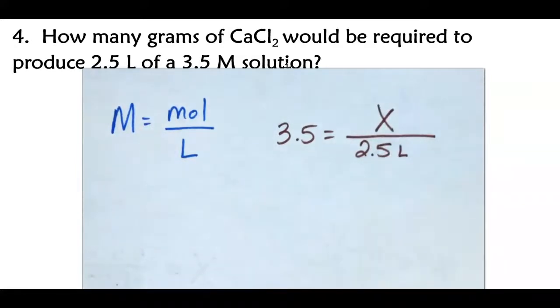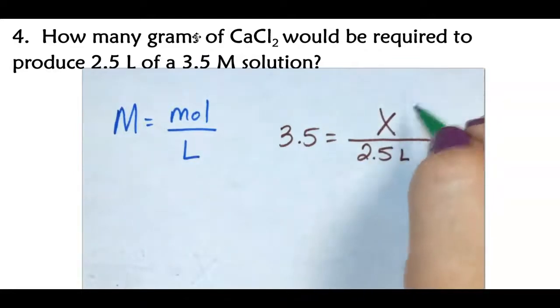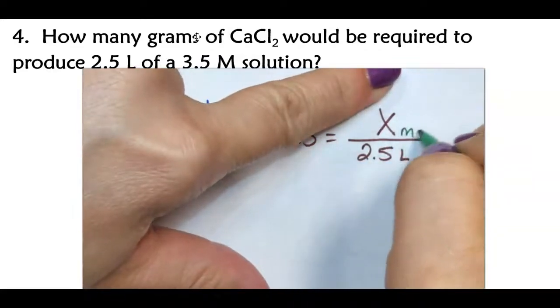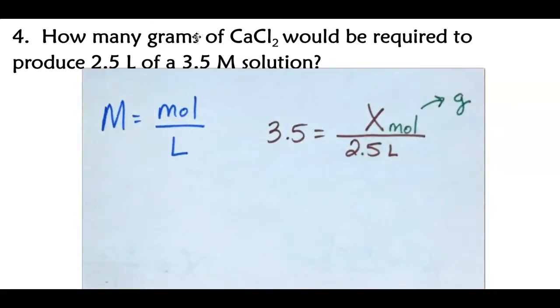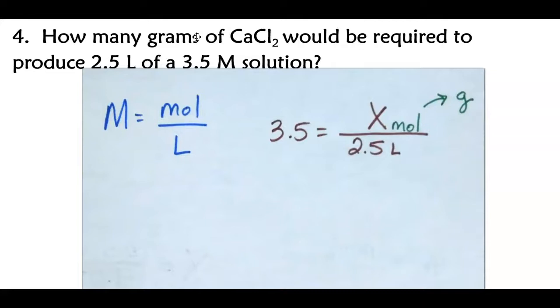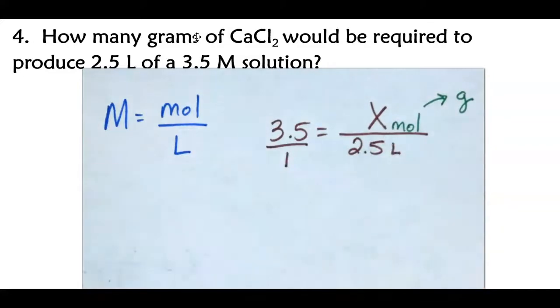However, they don't want my final answer to be moles, they want my final answer to be grams. So what we're going to do is solve for x, and that's going to give me x in moles, and then I'm going to have to change my final answer from moles to grams. So first let's solve for the x. We're going to just place this over 1, and we're going to cross multiply.